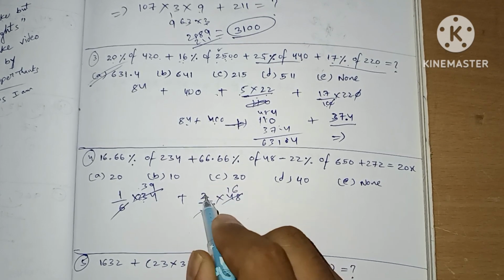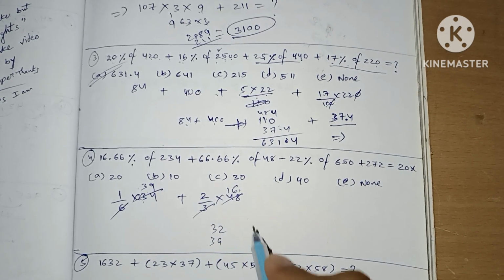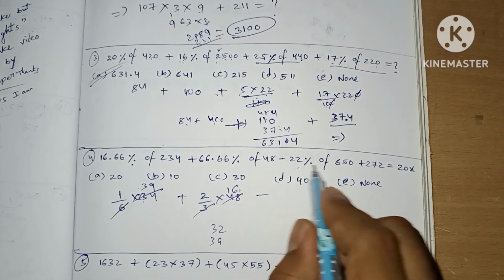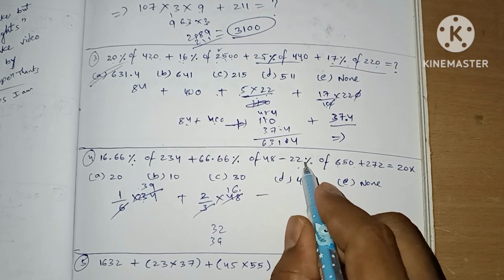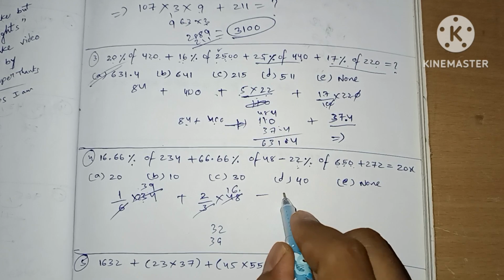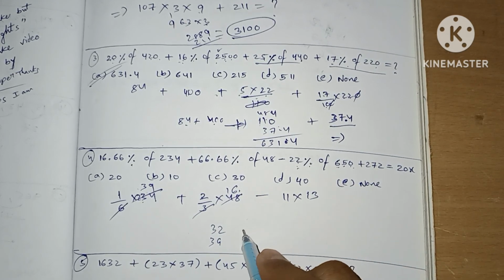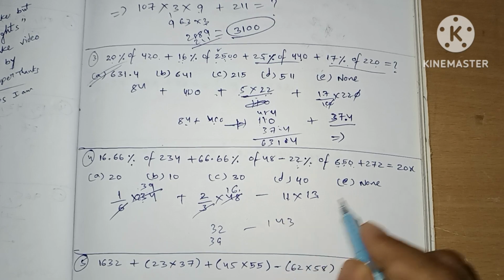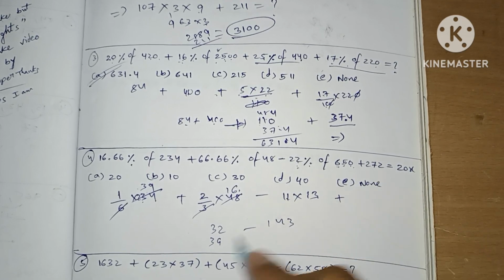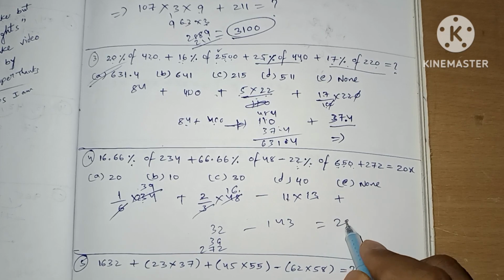This is 16 times. 16 times will be 32 plus 39 here minus 22% of 650. I can see a 2 multiple percentage, single zero and 5 multiple. So 2 11 times 5 13 times. So we get here 143 plus 272. 272 here whole equals to 20x.